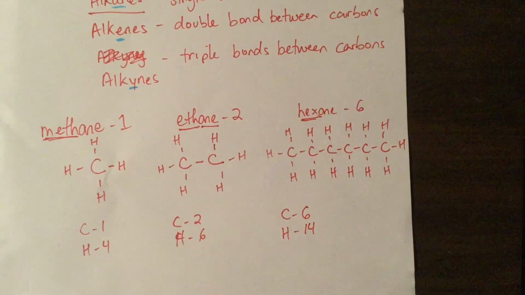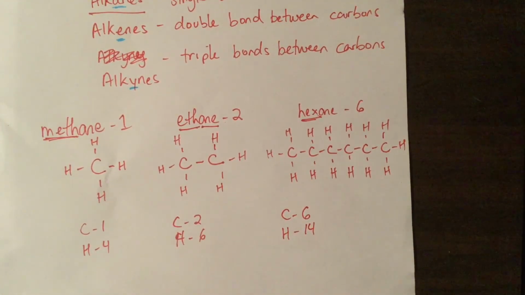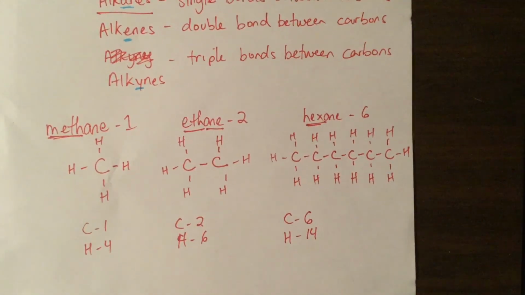Take a look at those numbers on the worksheet that you're working on, and we're going to come back and pay attention to what those numbers mean, because there's actually a nice little short form we can use to figure out how many hydrogens we have once we know how many carbons we have. But that's it for today. Hope that made sense, and we'll talk more when I see you in class.